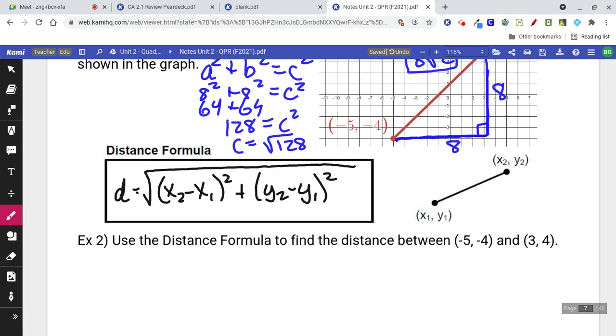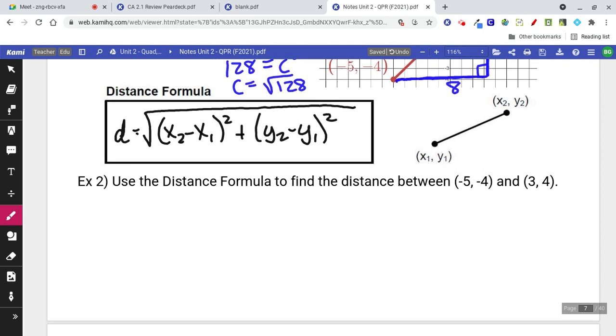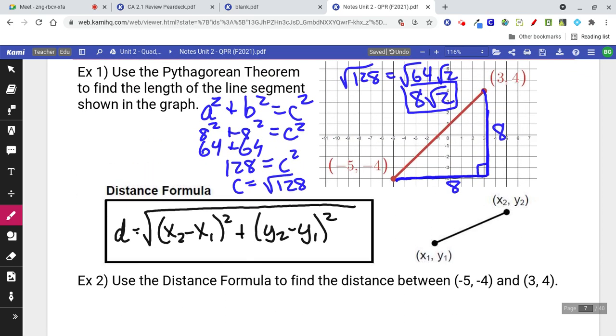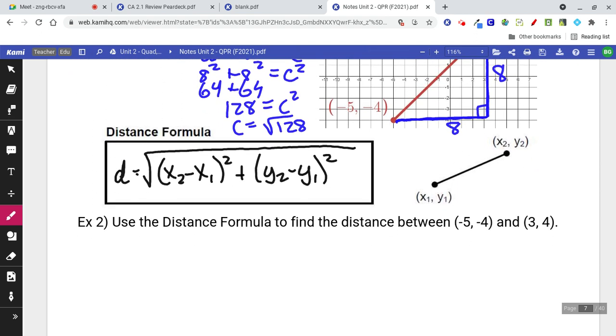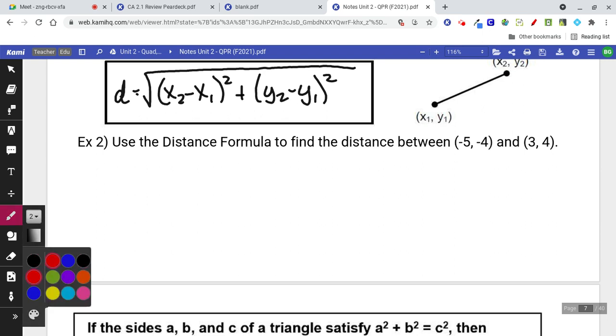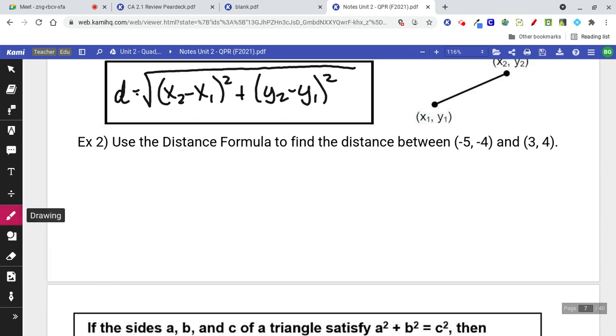Example 2 says use the distance formula to find the distance between those 2 points. You may notice those are the same 2 points that were shown in the graph. So we already know the answer from Pythagorean theorem, but now let's do it using the distance formula. You're looking at an xy point and another xy point.